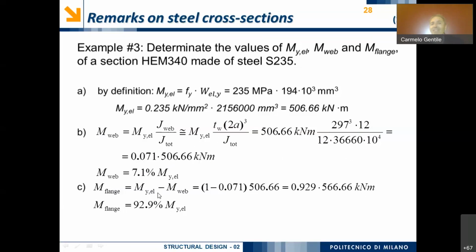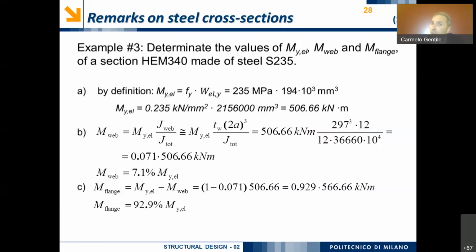And so I can easily see that the bending moment carried by the web is only about 7% of the entire yielding bending moment. This means that a large part of the bending moment, in this case around 93% of the yielding bending moment, is carried by the flanges, okay?